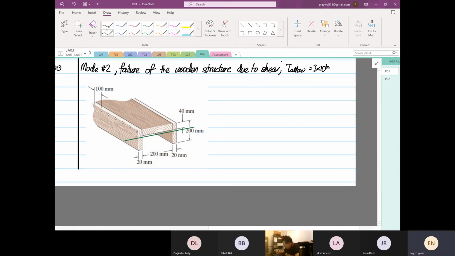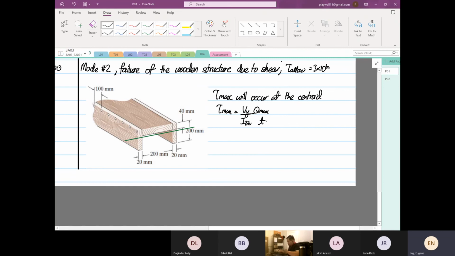So we know that tau max will occur at the centroid, right? So the formula to use is tau max equal to V_y over I_ZZ, Q max divided by T.